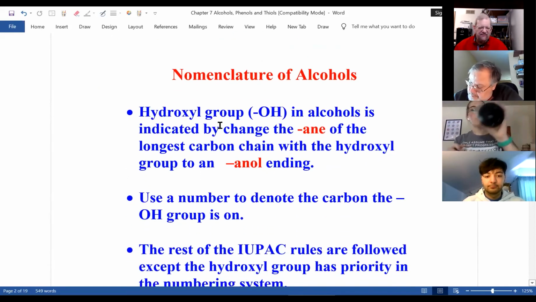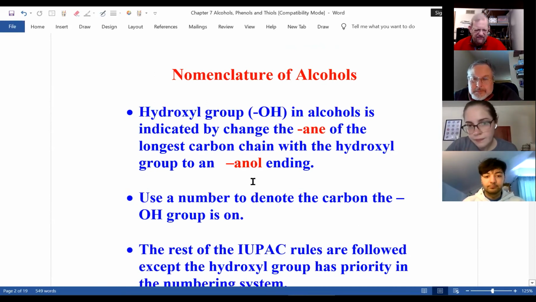How do you name it? Well, the OH group, hydroxyl group in alcohol, is indicated by changing the end of the alkane name, ANE, dropping the E, and adding OL. The longest carbon chain has to contain the carbon with the hydroxyl group.